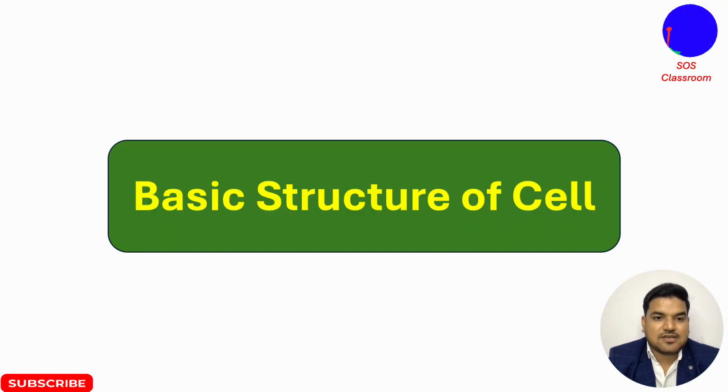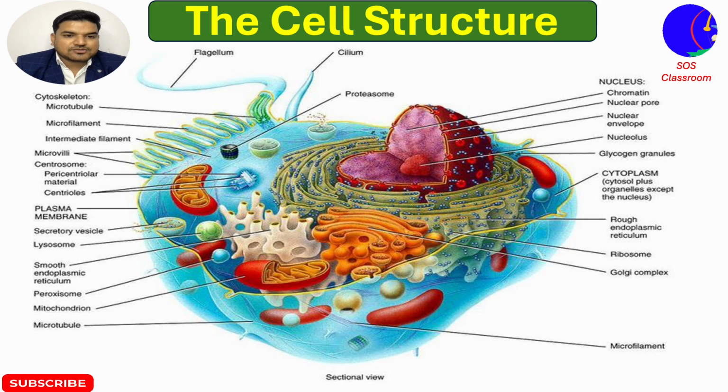So now we discuss the basic structure of the cell. We will discuss the general structure of the animal cell. You can see this is a very complicated structure of the cell. First of all, you can see this is the nucleus.